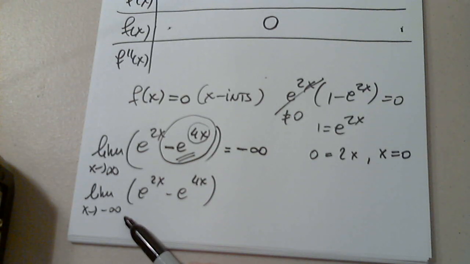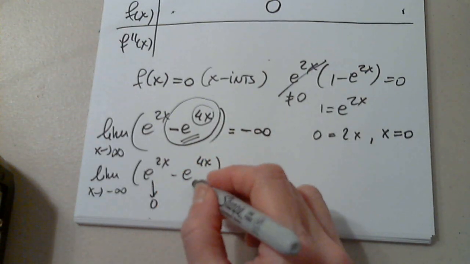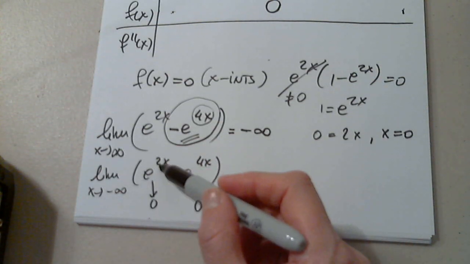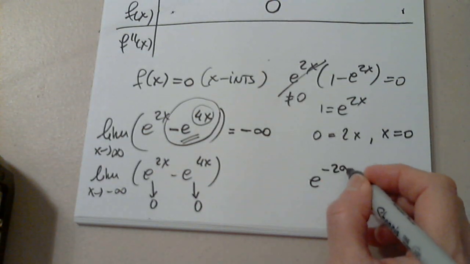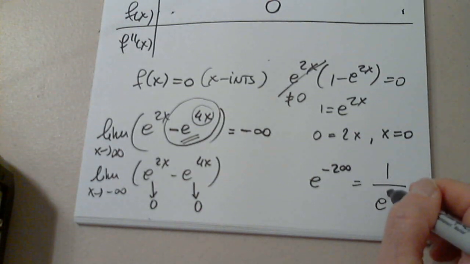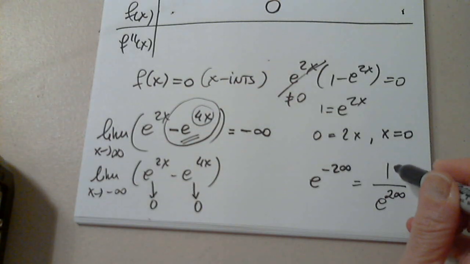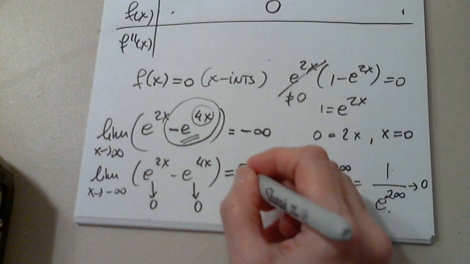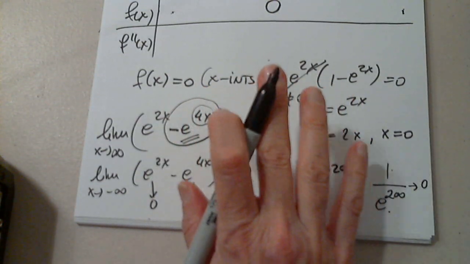Now let's see this one. Here, this approaches 0, and this approaches 0. Because when x approaches negative infinity, e to negative infinity, which I shouldn't even write, will be 1 over e to 2 times infinity. Remember we said that a long time ago, 1 over huge approaches 0. So this is 0. We'll see in a moment if there is any mistake.